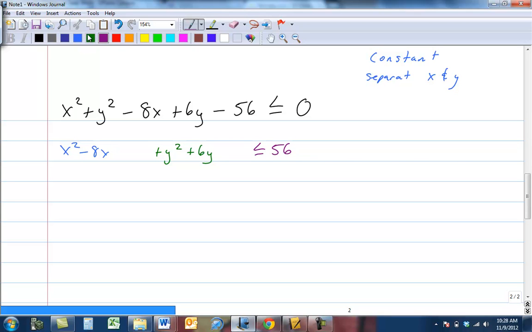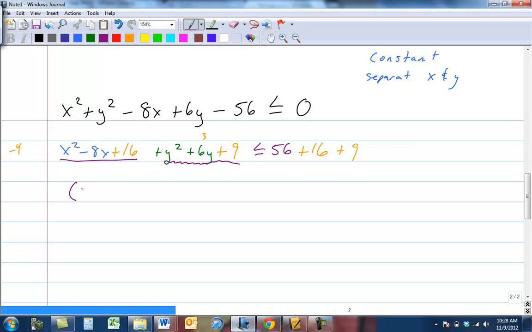All right. Then complete the square twice. Half of negative 8 is negative 4, so I'm going to add 16 on both sides. Half of 6 is 3, so I'm going to add 9 to both sides. Then factor the x's and factor the y's.